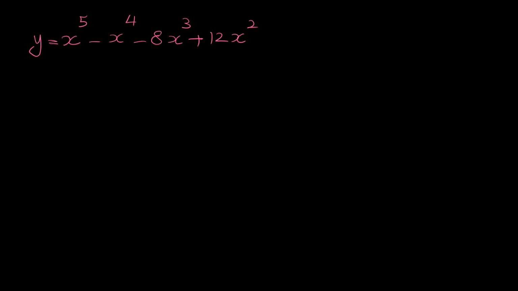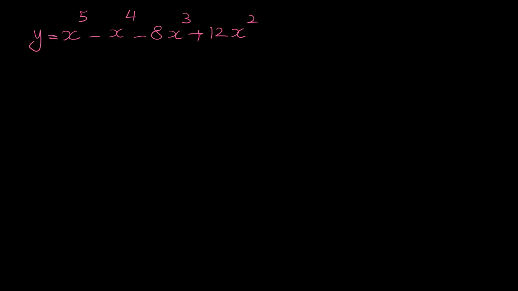Now look at this question. x to the 5 minus x to the 4 minus 8x to the 3 plus 12x to the 2. This is odd degree, this is degree 5. And the leading coefficient of x to the 5 is 1, it's positive. This is the first thing that we have to consider.